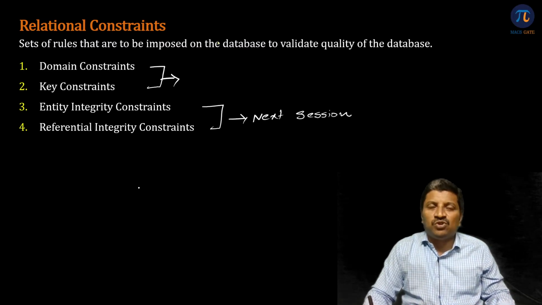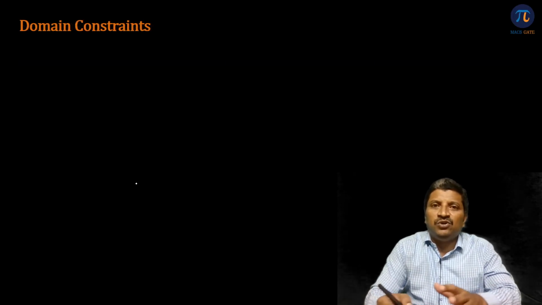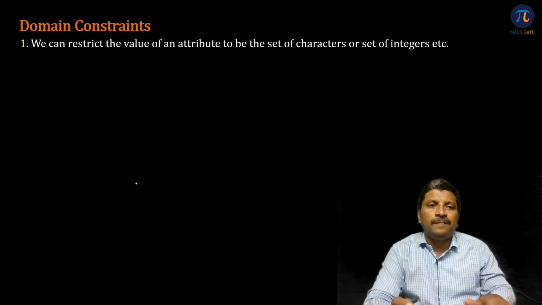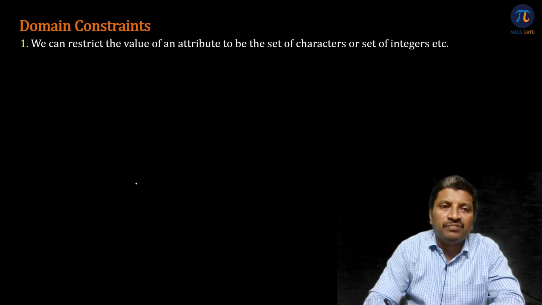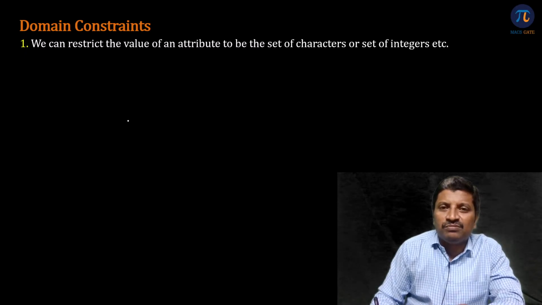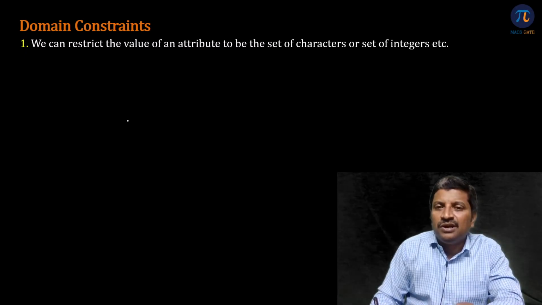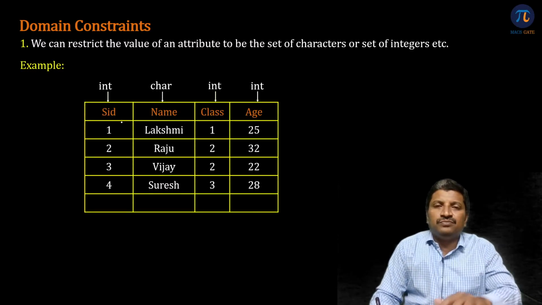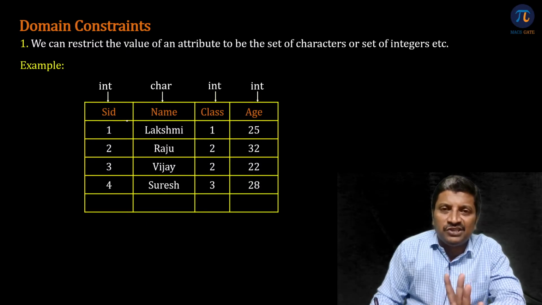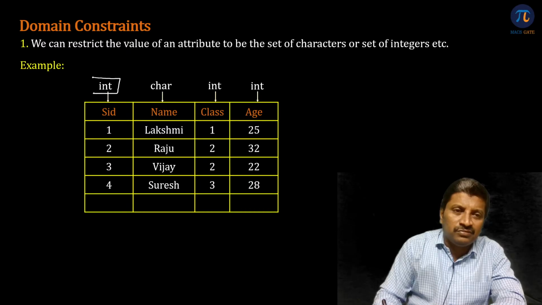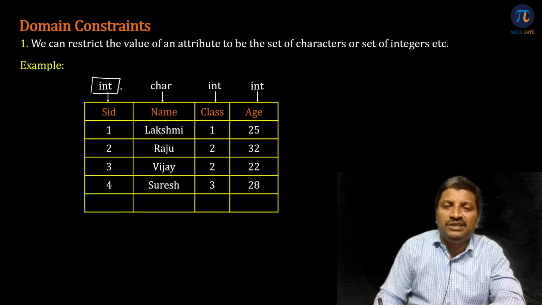So the first one is domain constraints. In domain constraints, we have mainly 3 rules. The first rule is we can restrict the value of an attribute to be the set of characters or set of integers, etc. For example, suppose we have a relation and we already decided the domain for student ID is int.